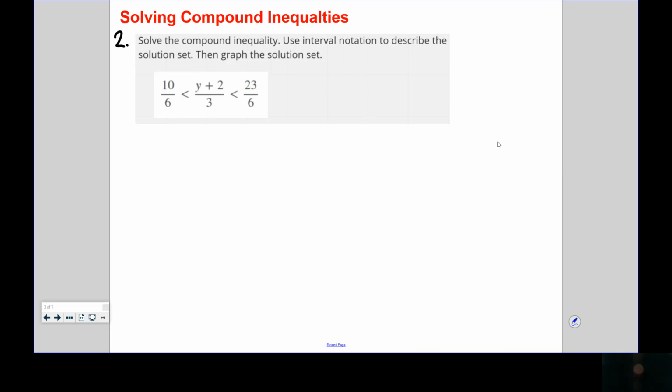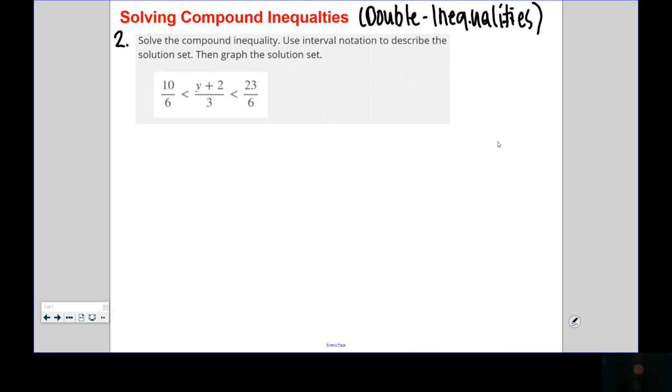In the book, they also refer to them as double inequalities. So you can imagine that you had 2 different inequalities and you smash them together into one problem.